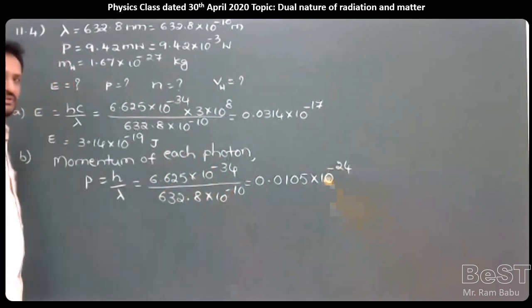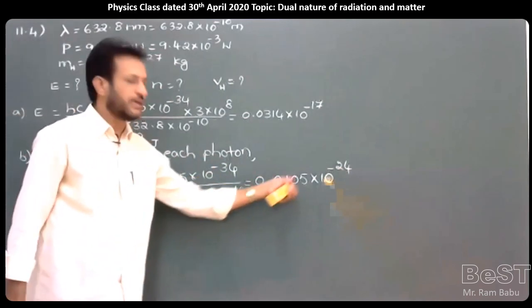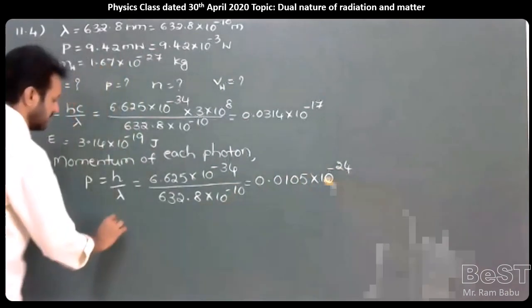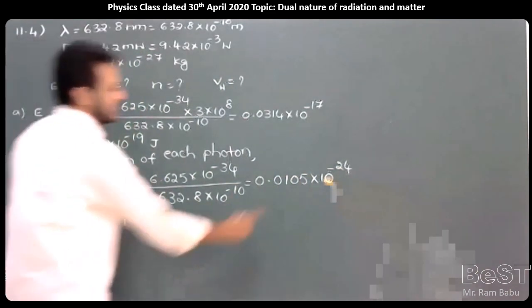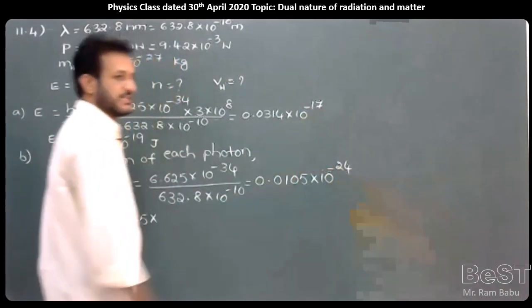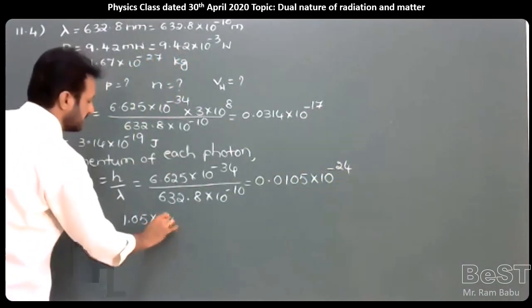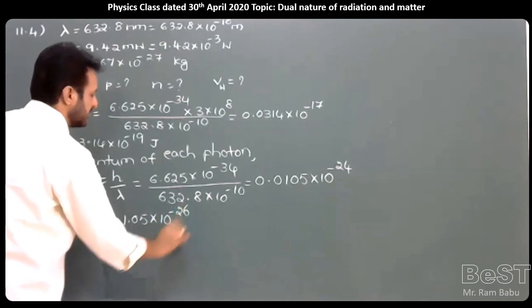That value, if you want, you can adjust 2 digits. 1.05 we can write, into 10 to the power of minus 26.